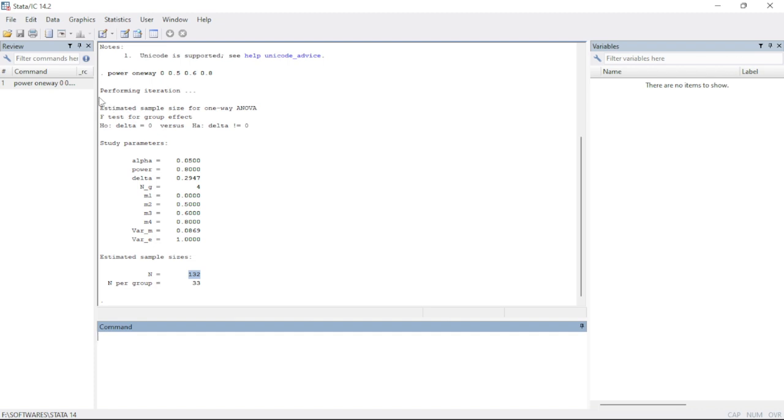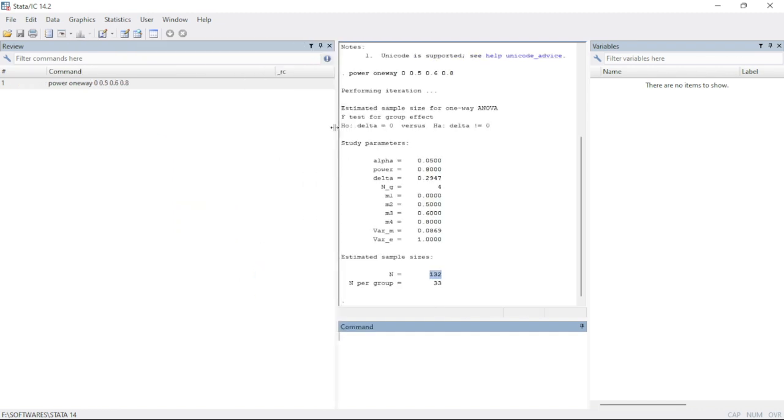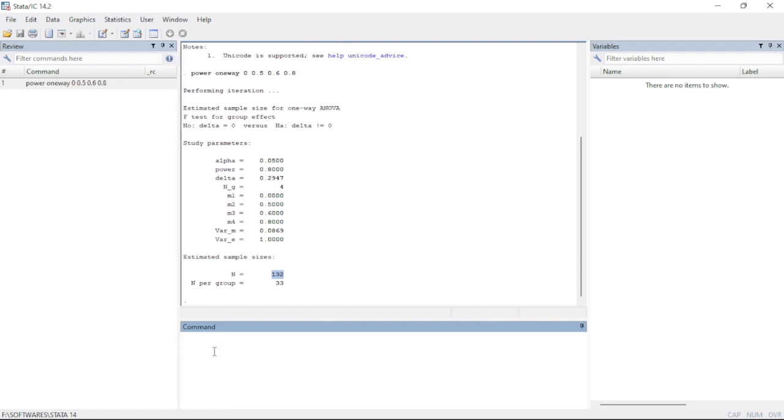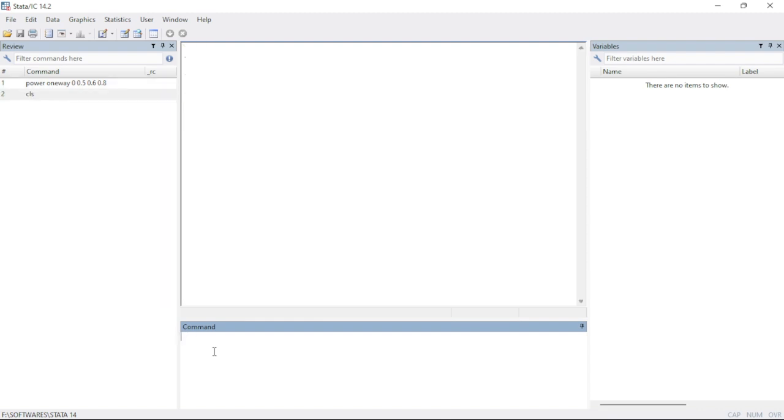Now, note that on the left-hand side, you also have the command that it has run here. Meaning, literally, you could run this same command to get the sample size. So let's clear that screen. You could just type power oneway, then add my first group, I expect 0 effect, space.